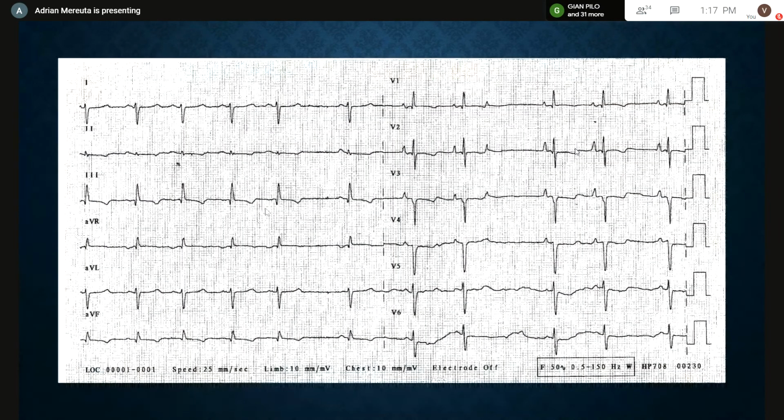What is this one? For differential diagnosis of second degree AV block, this one is not actually AV block because this P wave is too premature. It's actually a premature atrial beat, which is coming too early and is not transmitted to the ventricle. But it's not a problem of AV block.